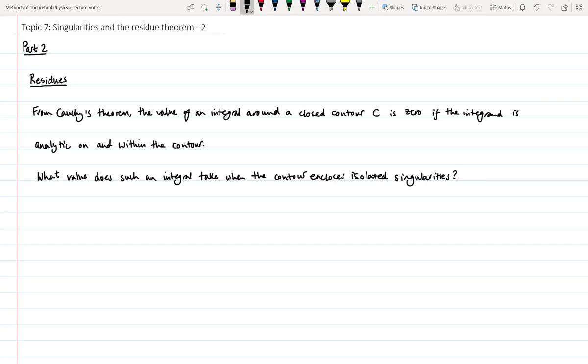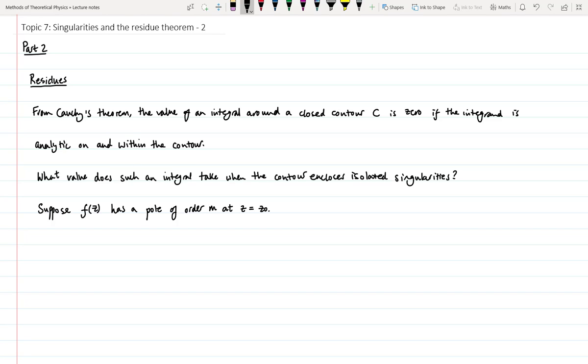To start this discussion, let's write down the Laurent series of a function that has an isolated singularity. Let's suppose that some complex function f of z has a pole of order m at z equals z naught.